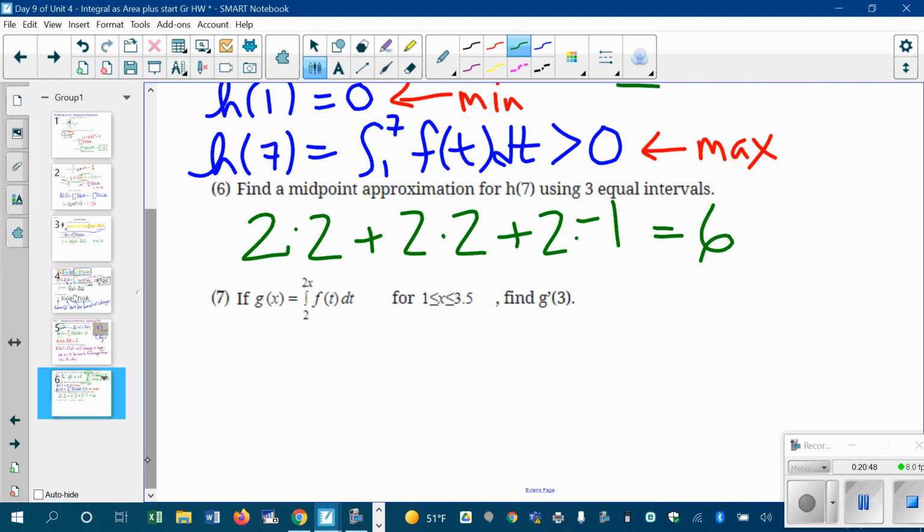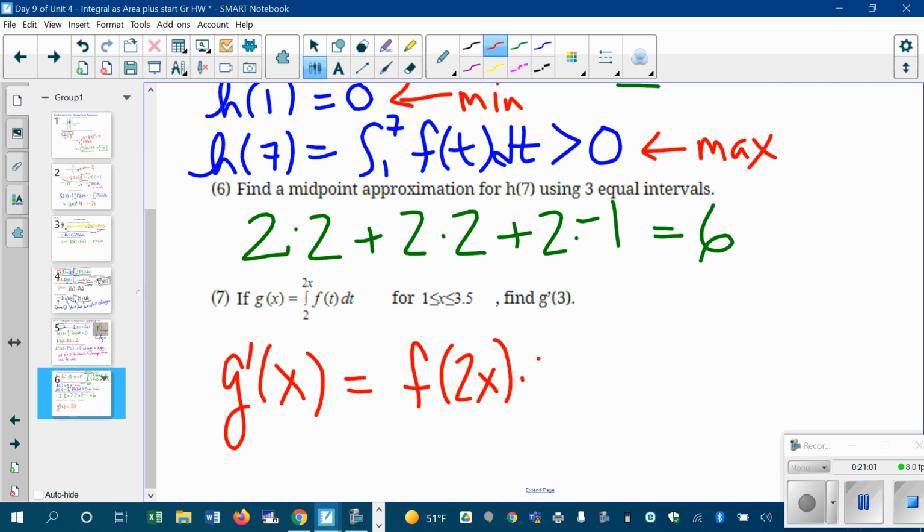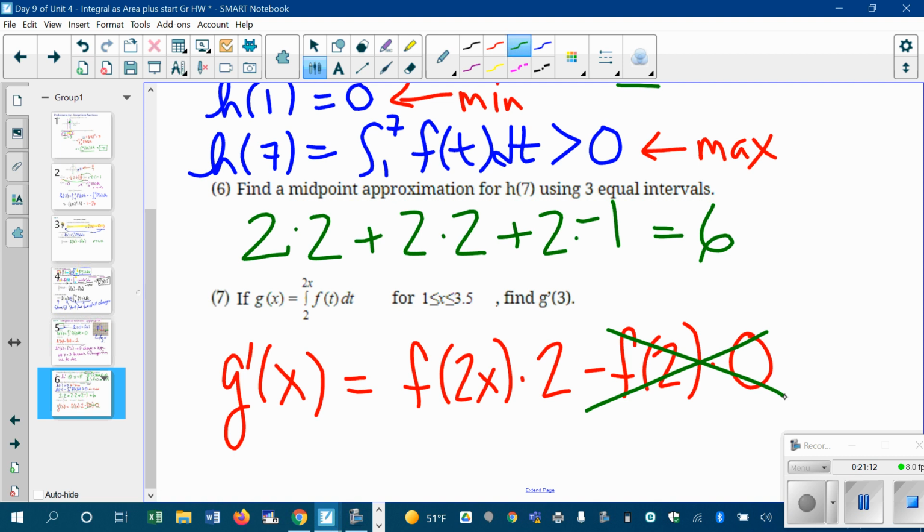And then this last bit uses fundamental theorem part 2. I need to find g prime. I'm going to write g prime of x first. So I need to plug in my bound, take the derivative of my bound, and then technically you could be plugging in the lower bound and taking the derivative of the lower bound, but since the derivative of a constant is 0, you don't have to write this part at all if you're thinking ahead, okay?